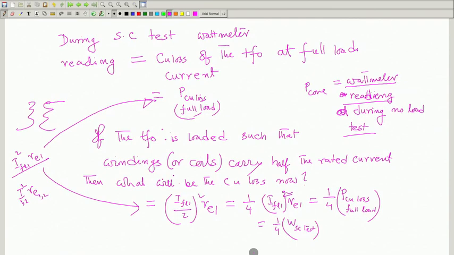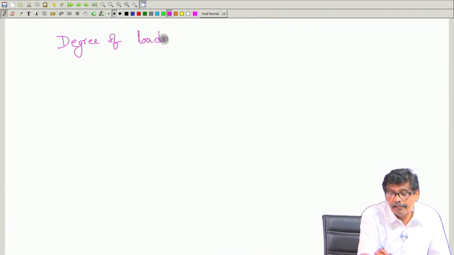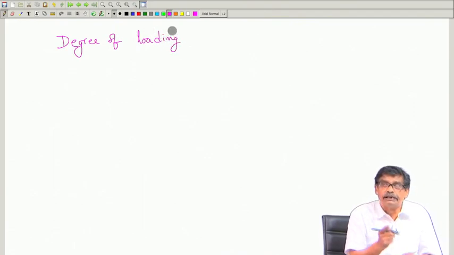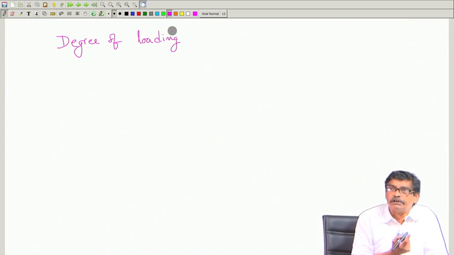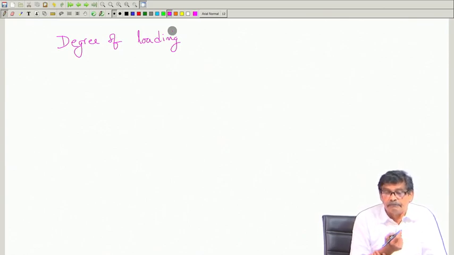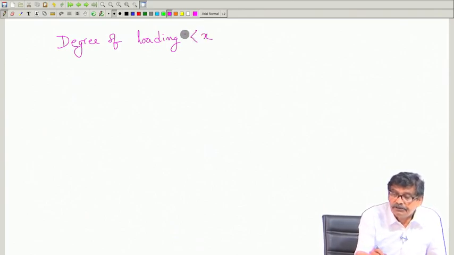You define, then, that copper loss directly depends upon the loading, the degree of loading. Now the question is, what is the degree of loading? I will use a number x for the degree of loading, with respect to the rated current carrying capacity of the coil, from 0 to 1.